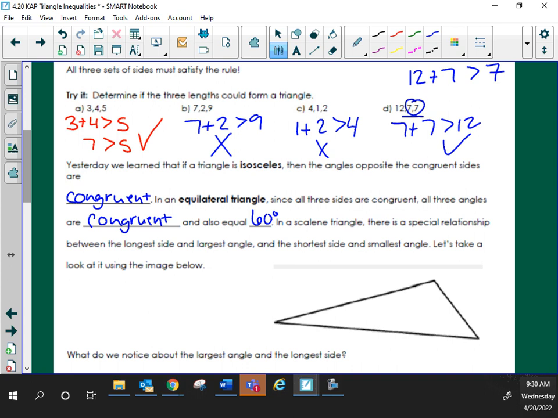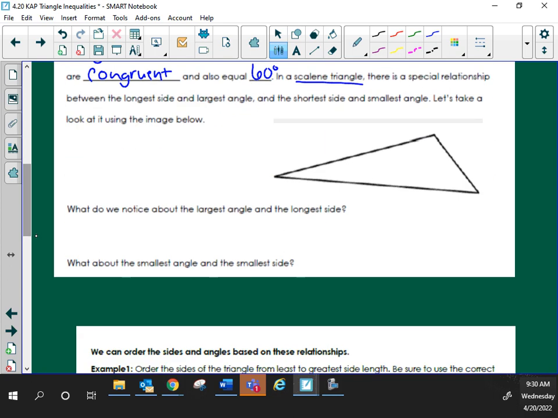In a scalene, there is a special relationship between the long side and the largest angle, and the shortest side and the smallest angle. Technically, this isn't just true of scalene, it's true of all triangles. There's a relationship between the angle and the side that's opposite, and we talked about that yesterday. So let's use this scalene for example. Let's call this triangle FGH.